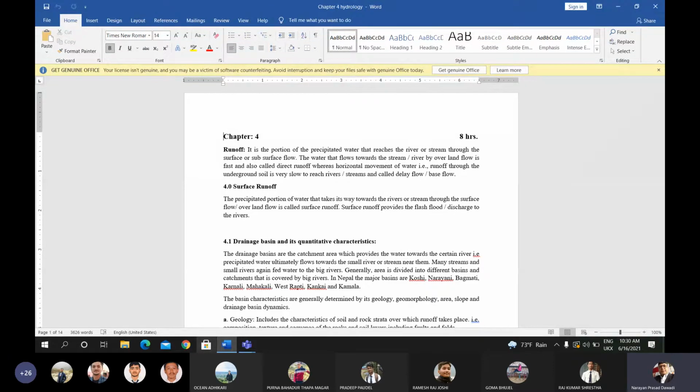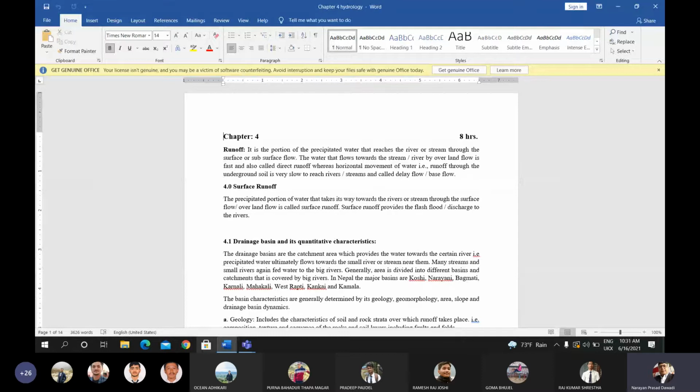For example, when snow melts, that water has to reach the nearby river. The process of melting of snow is very slow, and that water reaching the nearby river or stream will be delayed. That is also considered as the base flow.